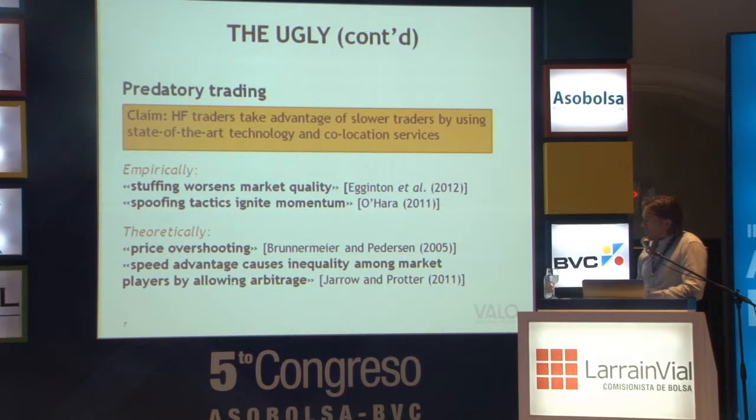And there are some papers arguing in the same way that the HFT guys have a speed advantage over others, and that's bad for the market because the HFT guys have arbitrage possibilities that the other guys don't. So this is another example of the ugly concept.